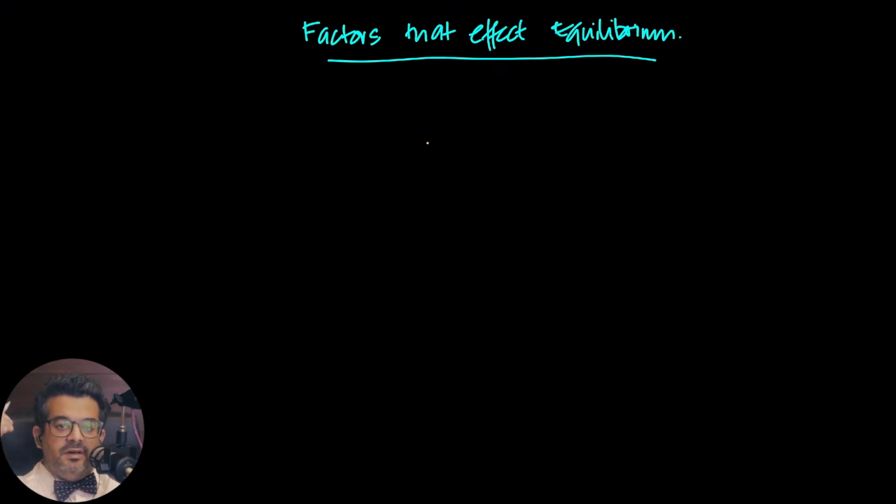Then we've got to talk about how pressure and how temperature affects equilibrium. Arisha, we did the extraction of metals for iron at least. Then electrolysis we will do after organic, okay?